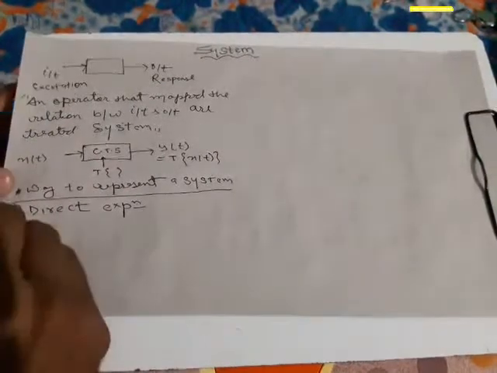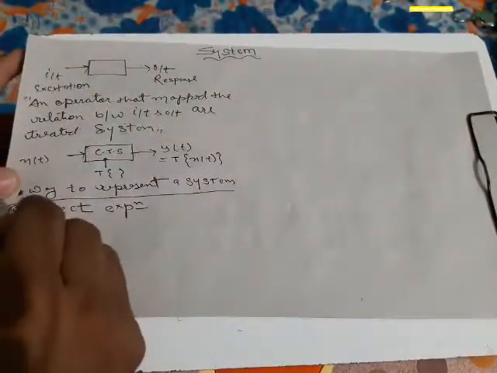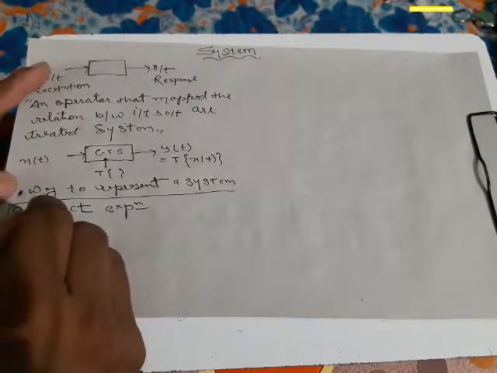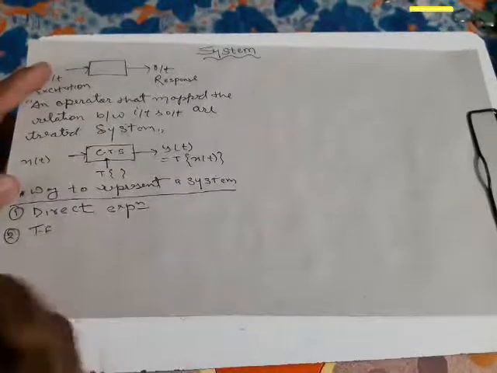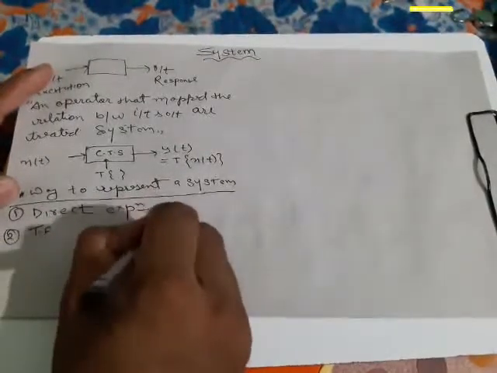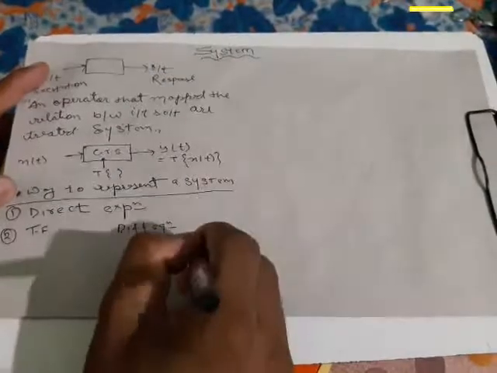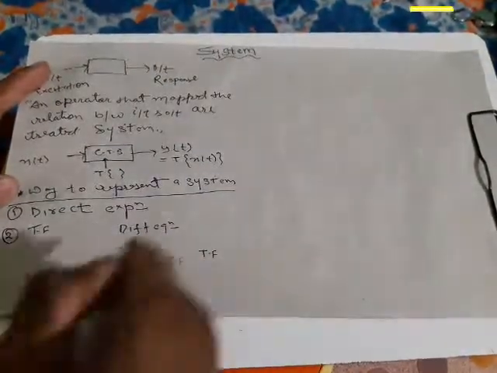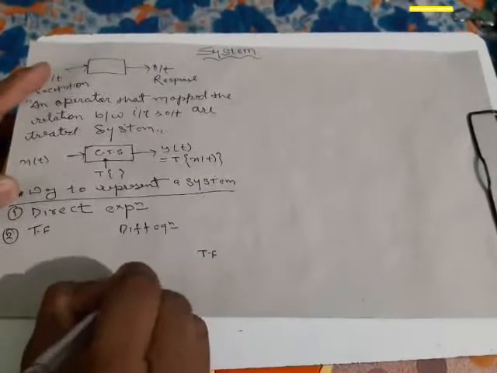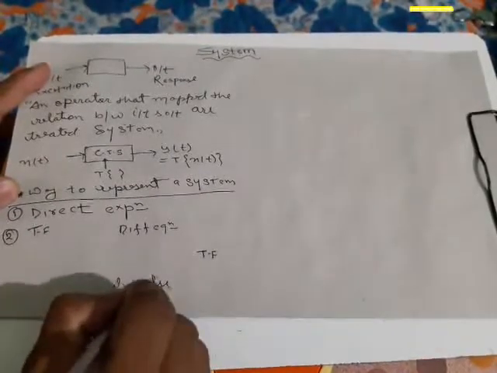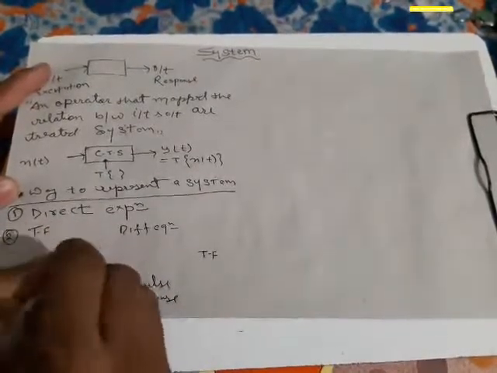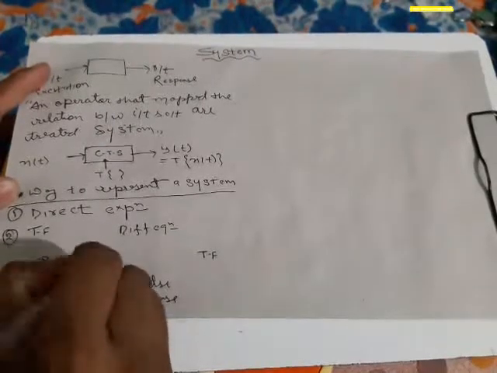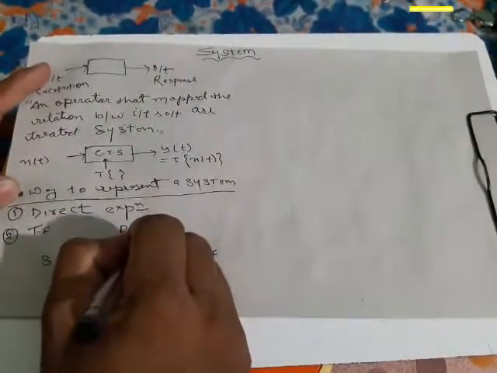Differential or difference equation: differential means dy by dx, or d square and so on. Or a transfer function, H(s) or H(z). In the transfer function we represent the system like C(s) by R(s), output upon input. Here we represent y(t) equals the system acting on x(t). So all these are the methods by which we basically represent the system.